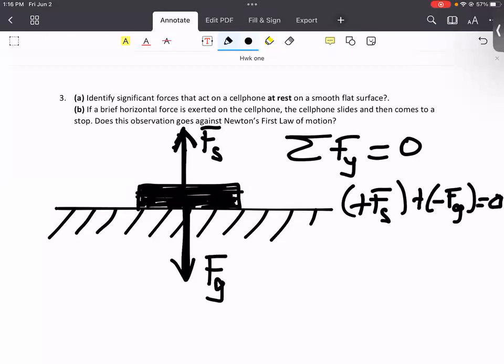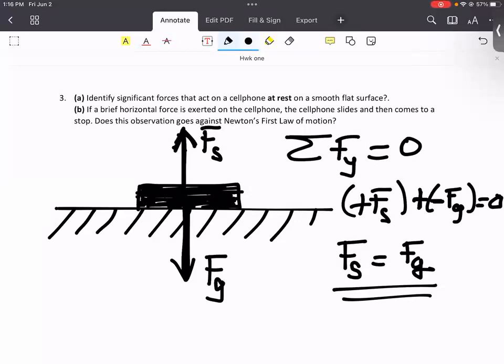So make sure you put a minus here to indicate it's acting downward. Basically, this tells you that the support force is equal to the gravitational force. All right.